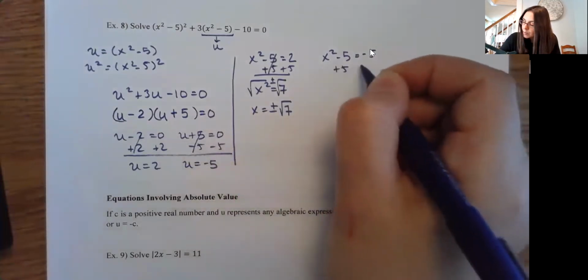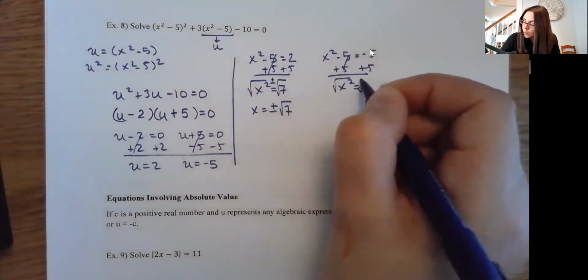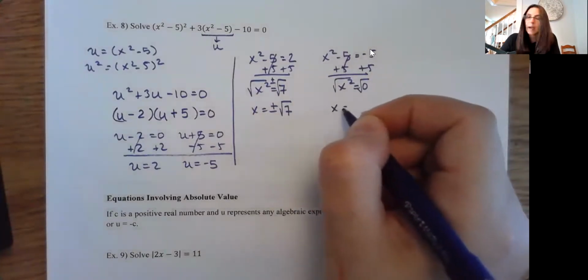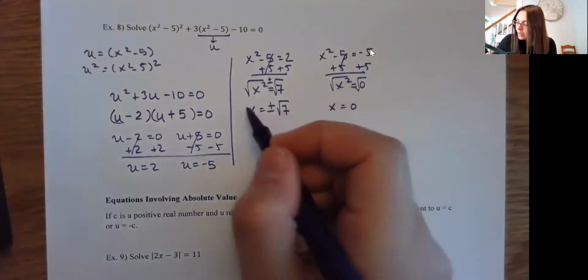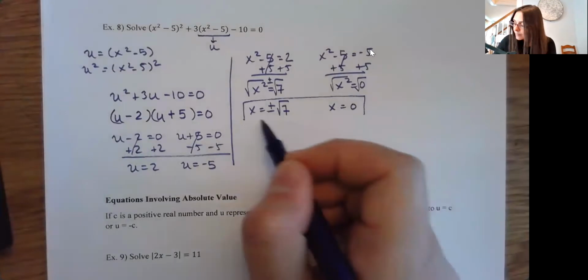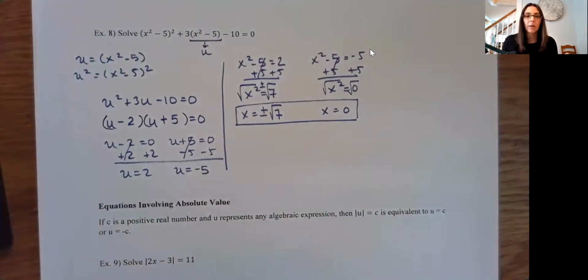Here, adding 5 to both sides, I have x squared equals 0. And then when I take the square root, again, it's technically plus or minus, but 0 is neither positive or negative, so we're going to have 0 there. So here I have my solutions. Okay. Now, in this case, you technically don't need to check because we didn't have any rational exponents here.